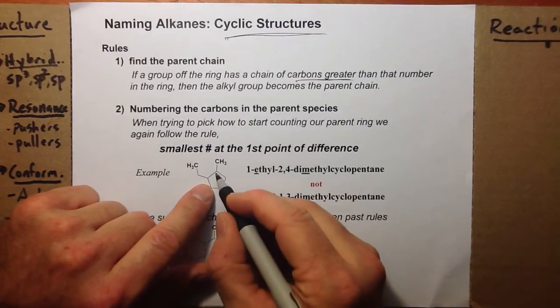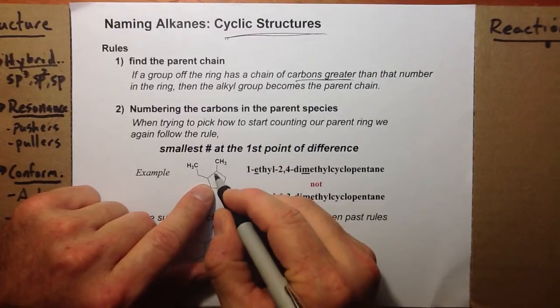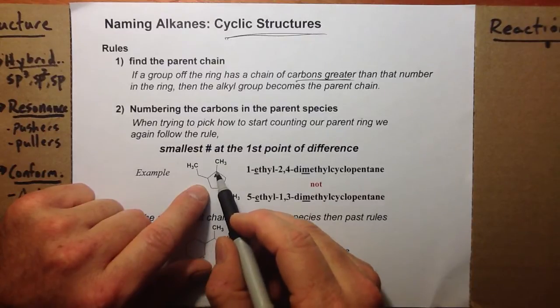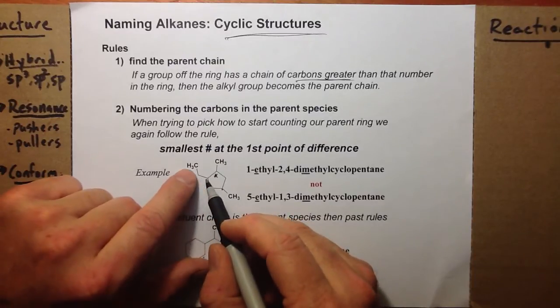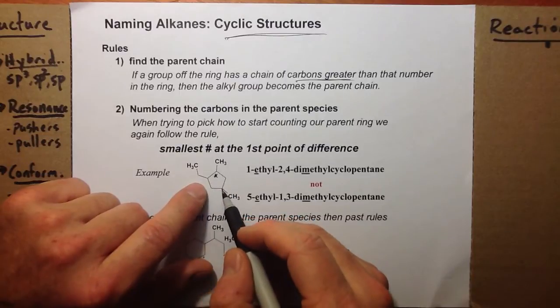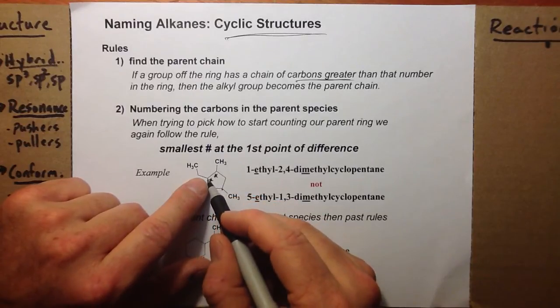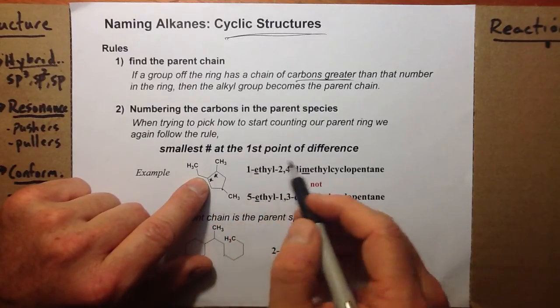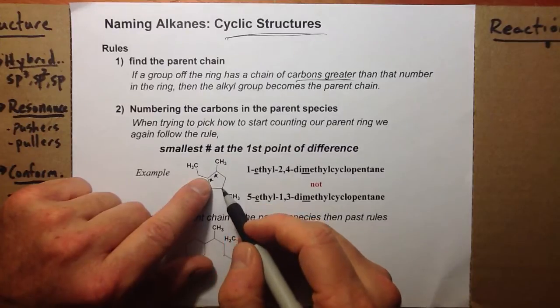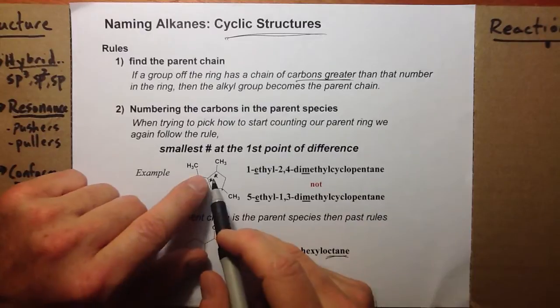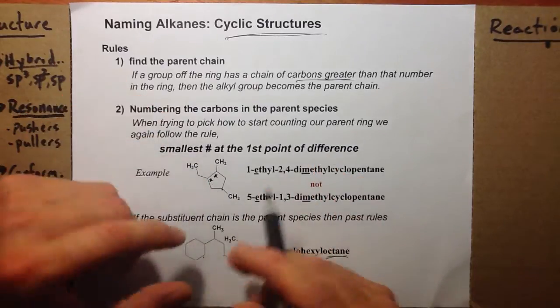But if I use this as number 1, with an asterisk by it, we could have our first point of difference be at this carbon. We have a 2 position that has a group off of it, and then 4, 1, 2, 3, 4. But we could also consider this position, because it's the same smallest number at first point of difference. Now the only way we can really name this is by going to the alphabetic consideration.